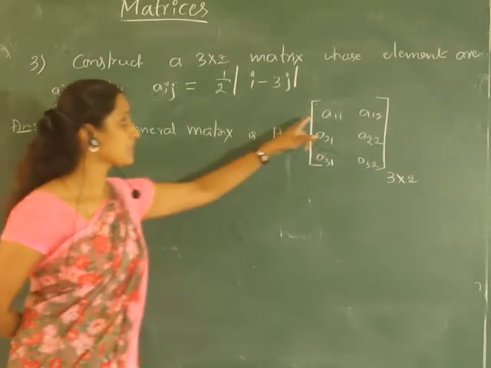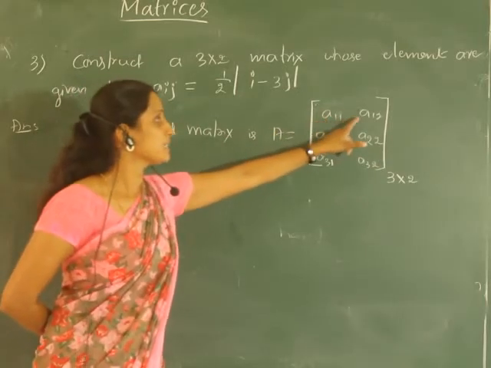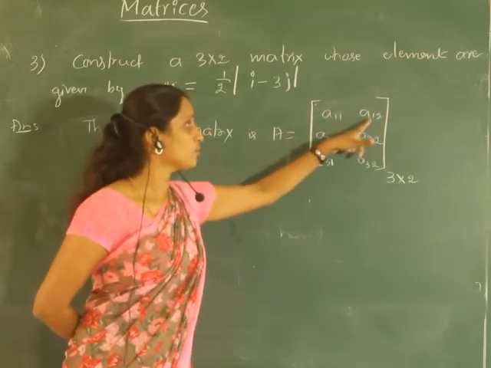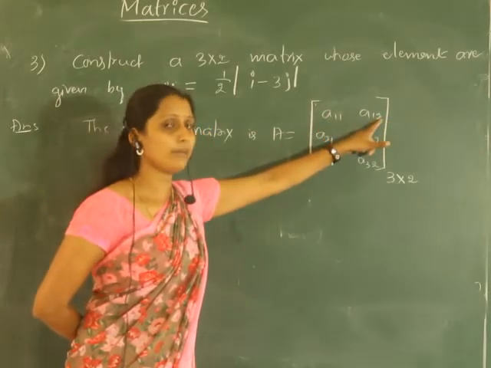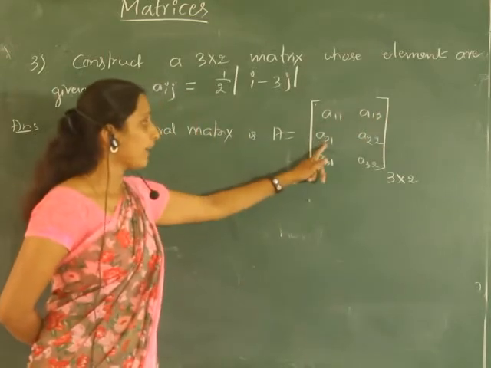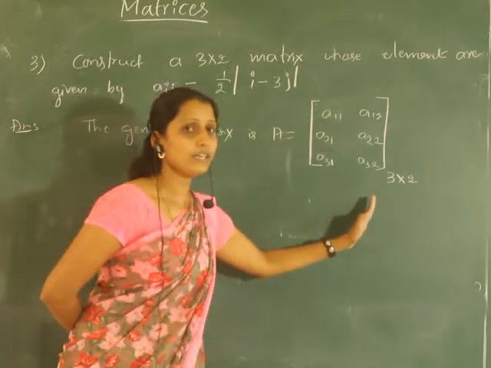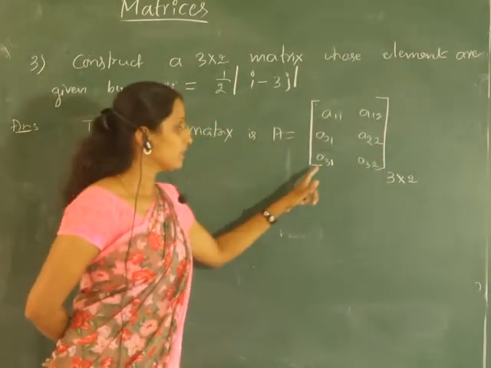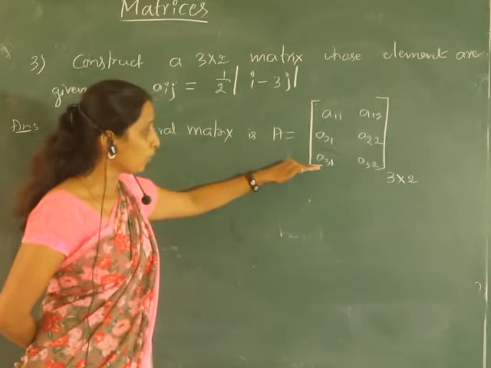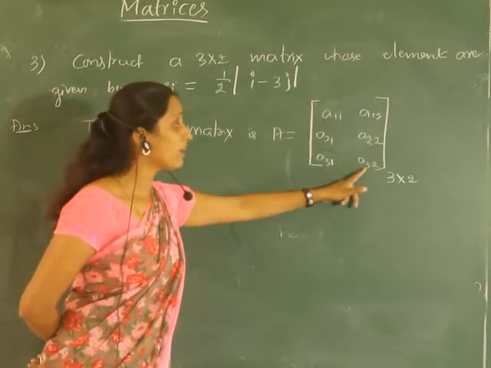The first entry, first row and first column, is a11. First row and second column is a12. Second row and first column is a21. Second row and second column is a22. Third row and first column is a31.